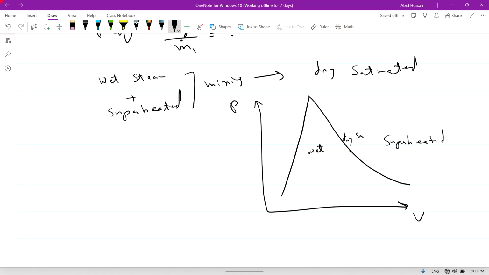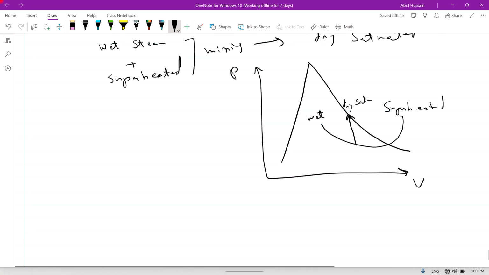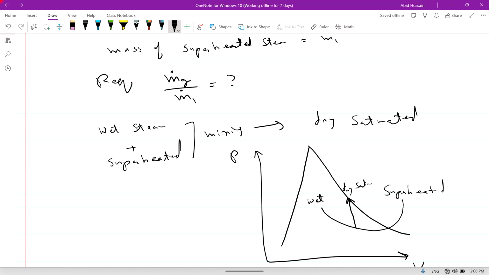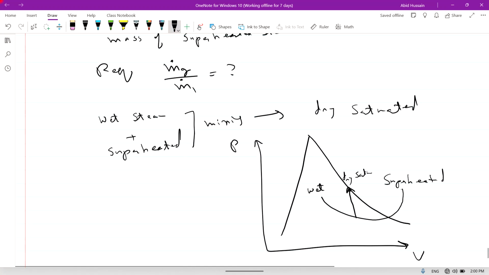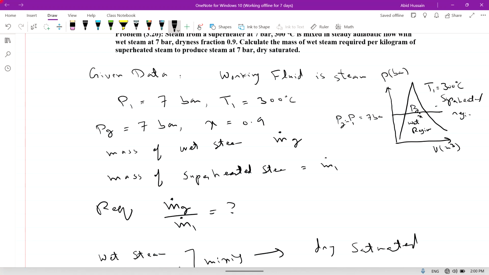When the wet region and superheated region are mixed, after mixing it gives us dry saturated vapor. So required is m2 dot divided by m1 dot. Here pressure is constant: in the superheated region P1 is 7 bar, in the wet region P2 is 7 bar, and in the dry saturated region P3 is 7 bar as well.